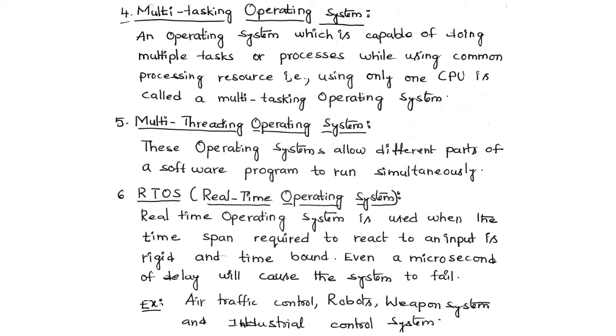Now come to the sixth one, RTOS. Means real-time operating system. Real-time operating system is used when the time span required to react to an input is rigid and time bound. Even a microsecond of delay will cause the system to fail.